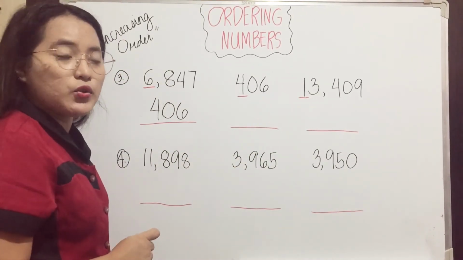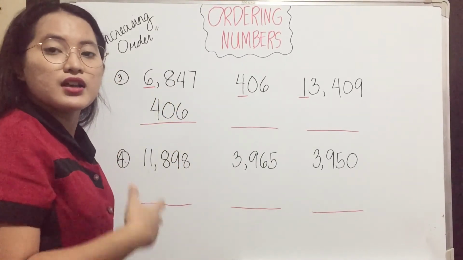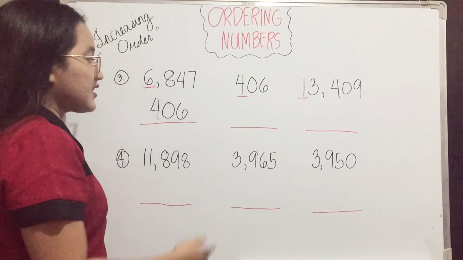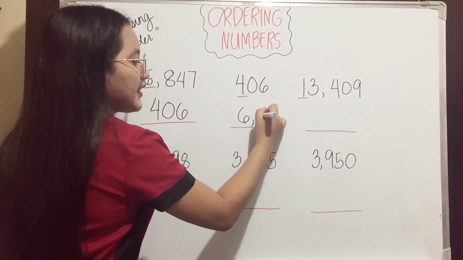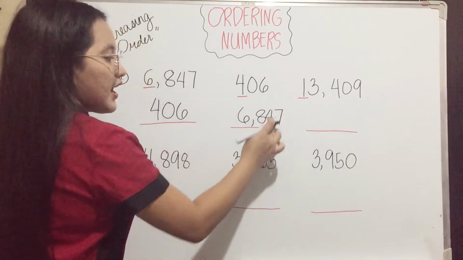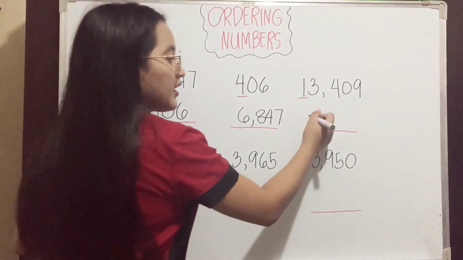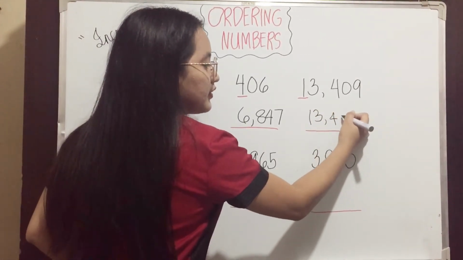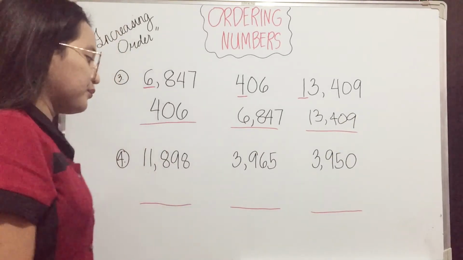Now, I will ask you, which among the two has the lowest place value? Very good. It is the 6. So 6,847 will be our next answer. And our last number will be 13,409.